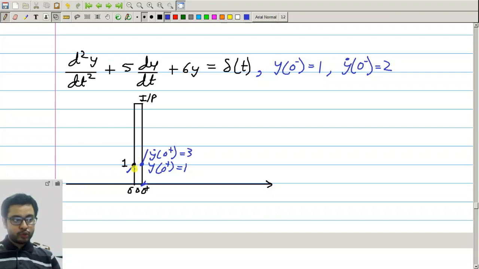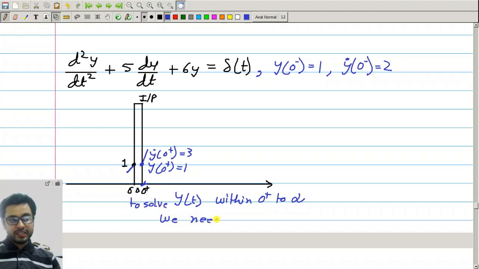We needed to perform step 1 before solving in this region, because while we solve for y(t) within 0 plus to infinity, we need the starting value or the initial value in this region, that is y(0 plus) and y dot (0 plus).